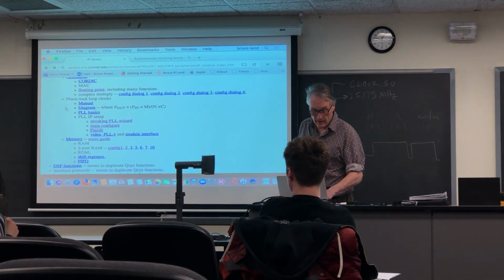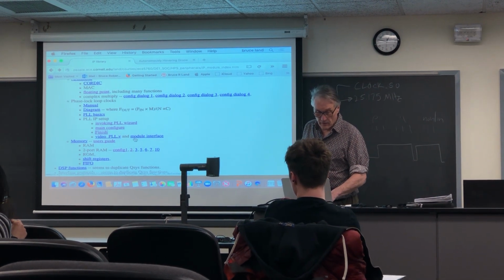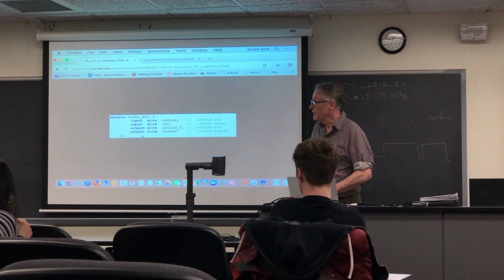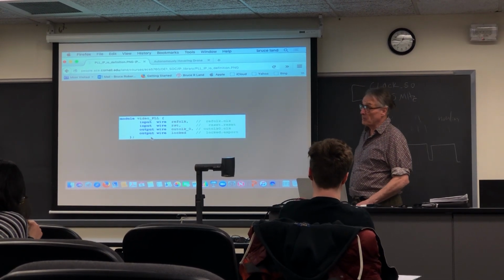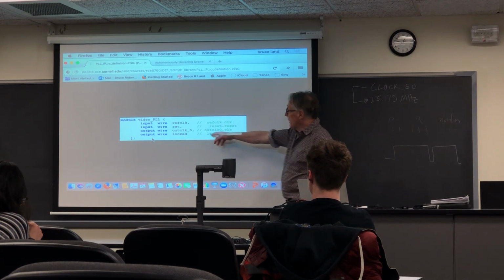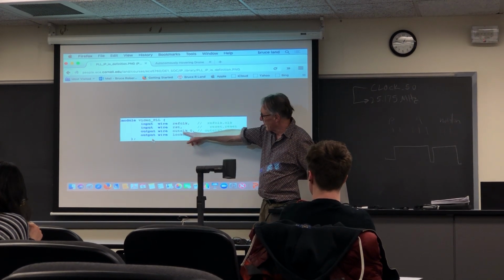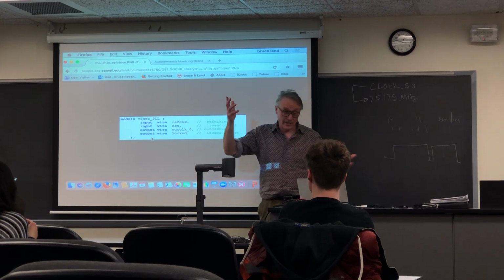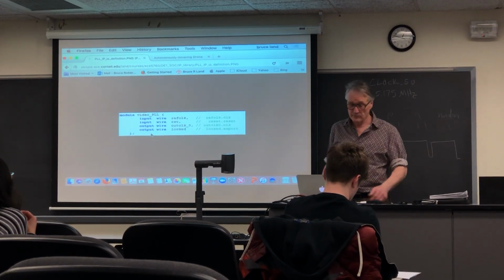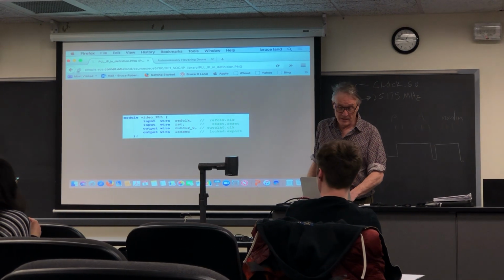And then the module interface is in the video_PLL.v file. There's an input which is the reference clock, an input which is reset, and outputs which are the out clock and locked. That's the whole interface. So they're easy to set up.